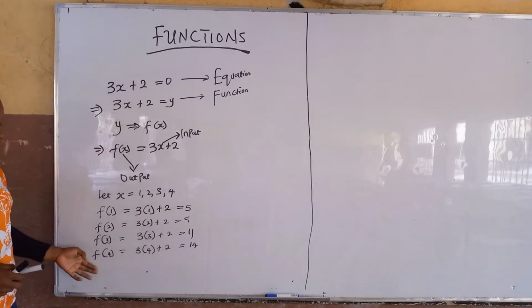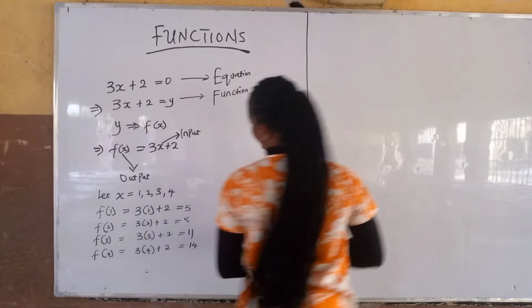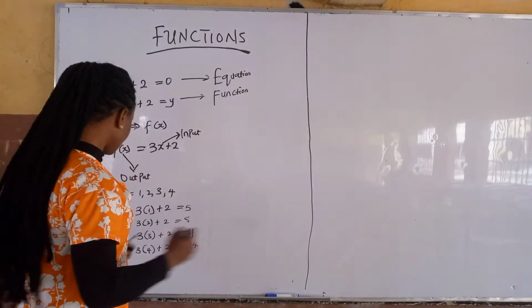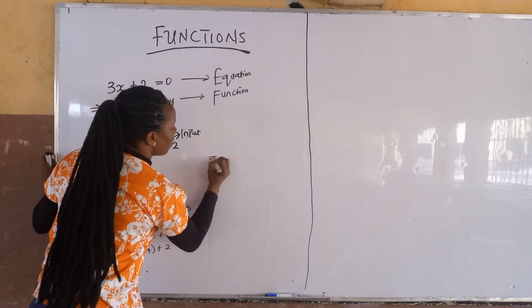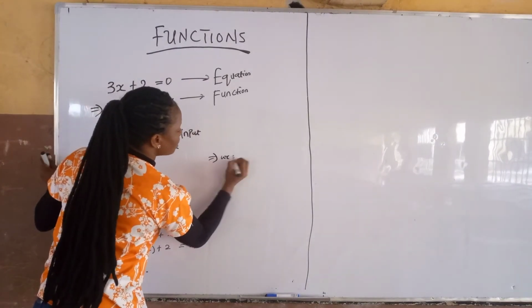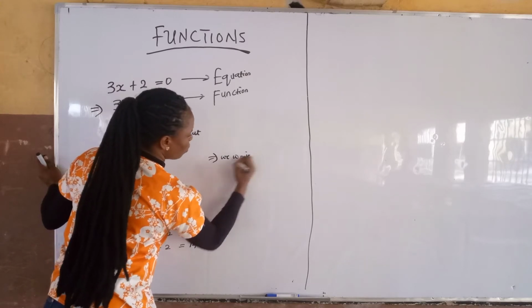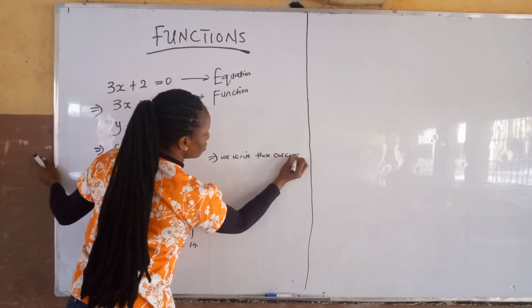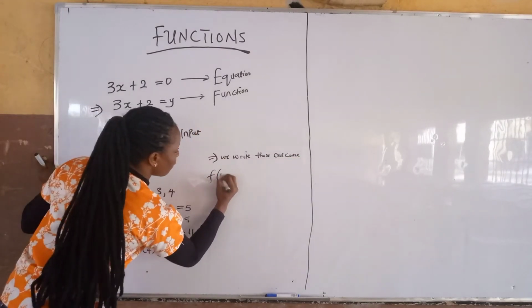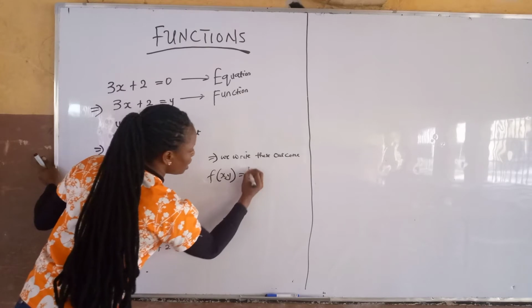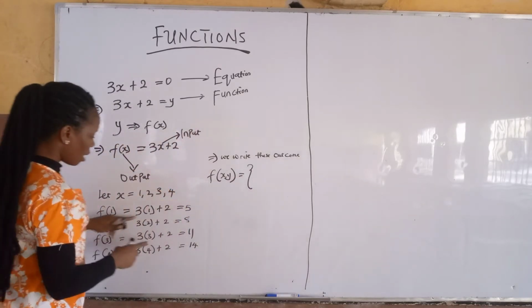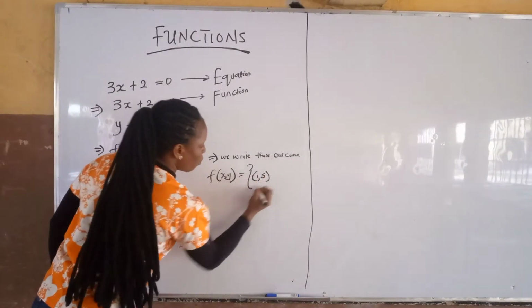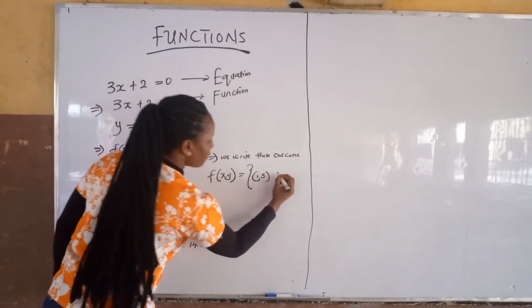So let's rewrite all of this as an ordered pair. We can write this outcome as f of x, y to be a set of (1, 5). When x is 1, the outcome is 5.